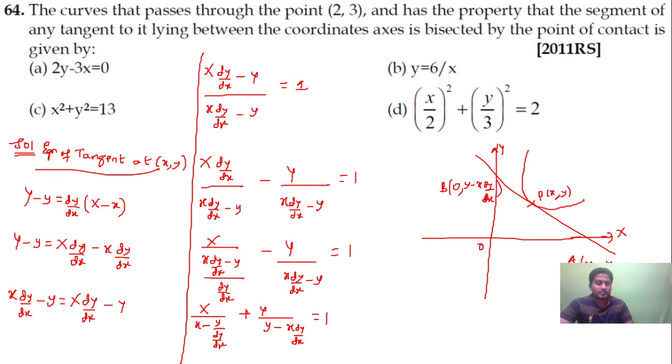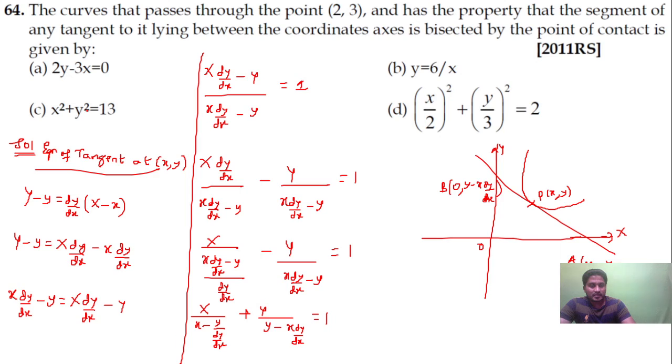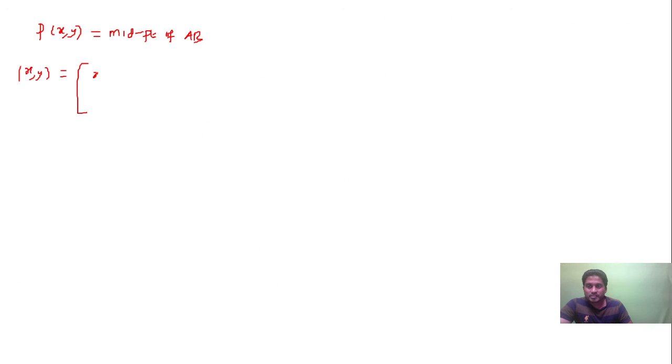Now it is given in the question that P is the midpoint of AB. So P of x comma y is the midpoint of AB. Add and divide by 2, you get x minus y upon dy by dx, whole divided by 2, comma y minus x into dy by dx whole divided by 2.